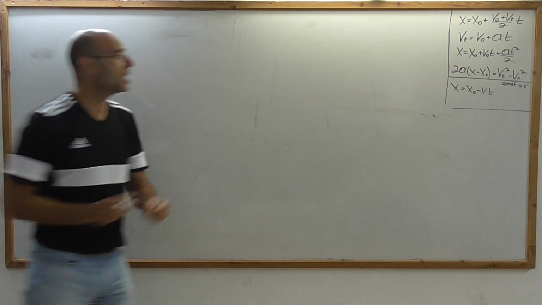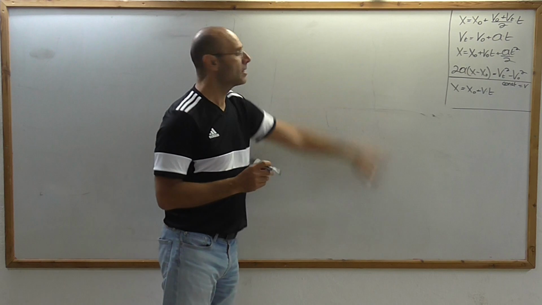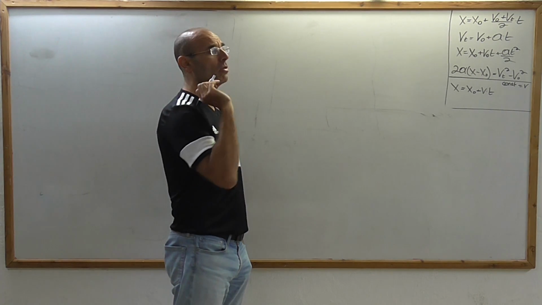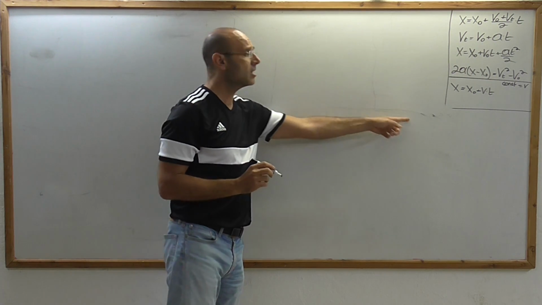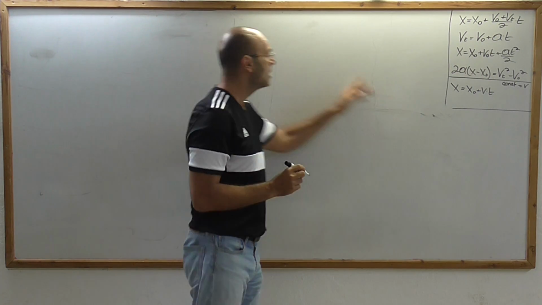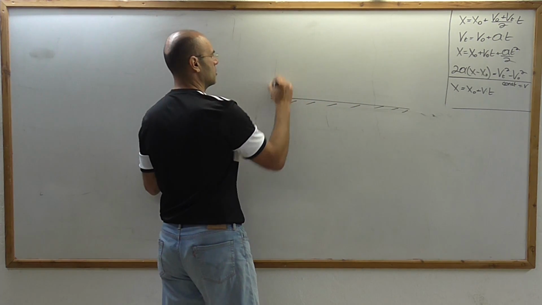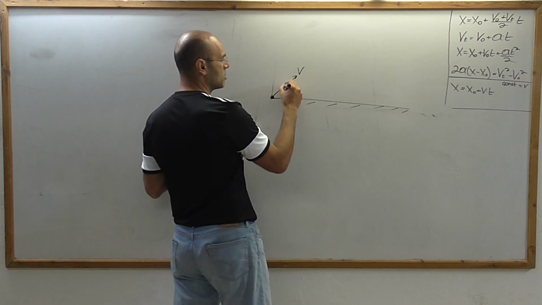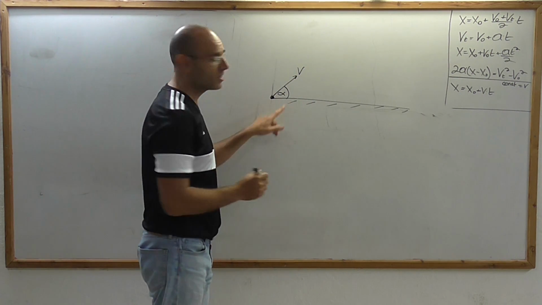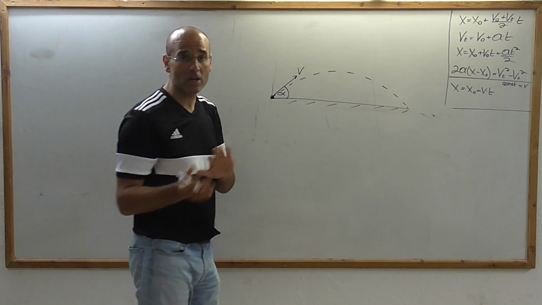Okay, let's prove now, let's show that when we throw a ball like that with an angle, it will take it a certain time to reach the ground. Just a minute. I'll just throw it. If we throw it from the ground with a certain velocity and a certain angle, let's prove that it's a symmetrical problem.